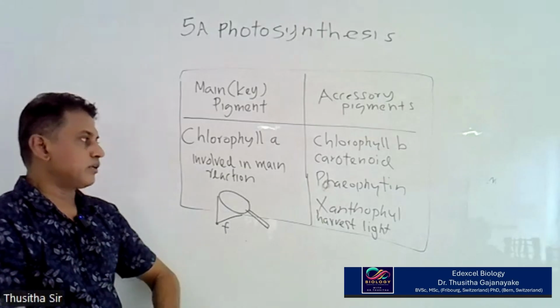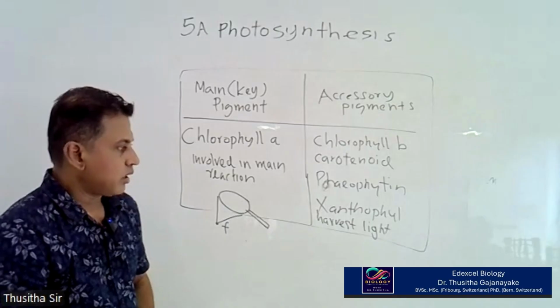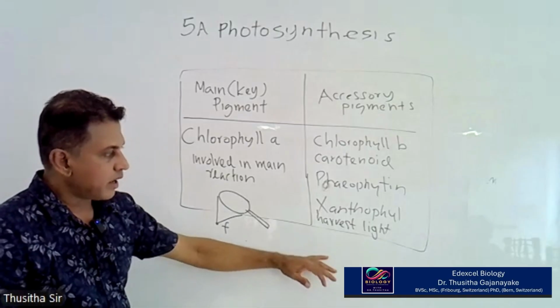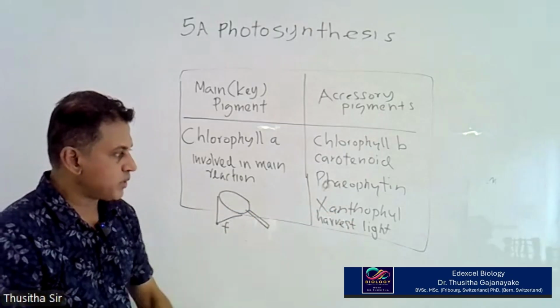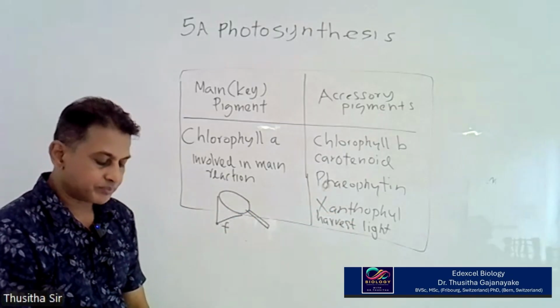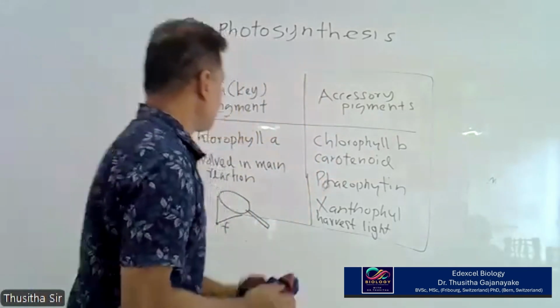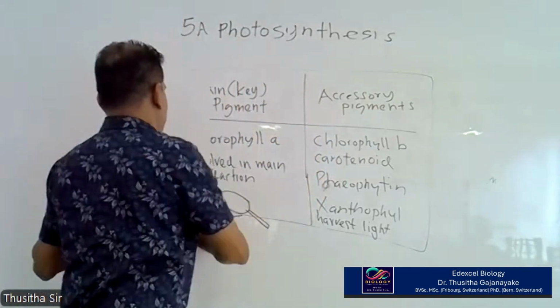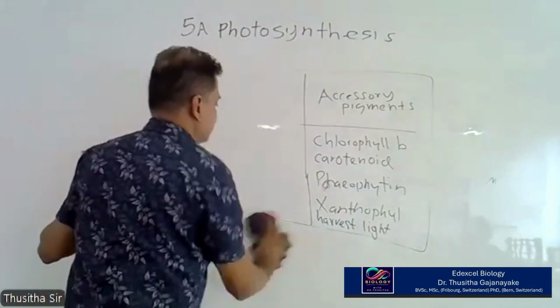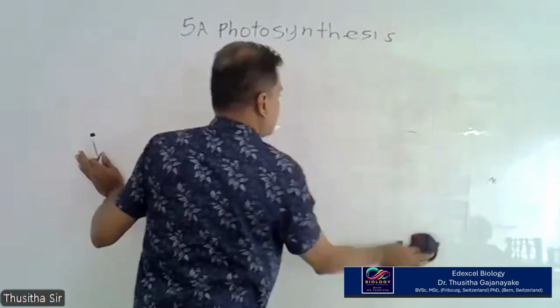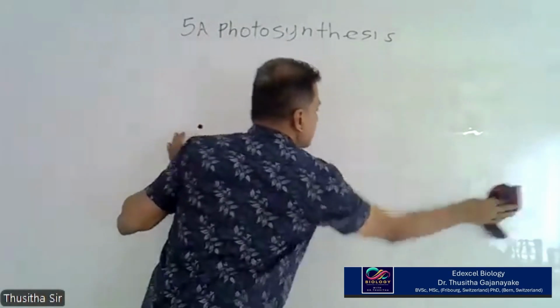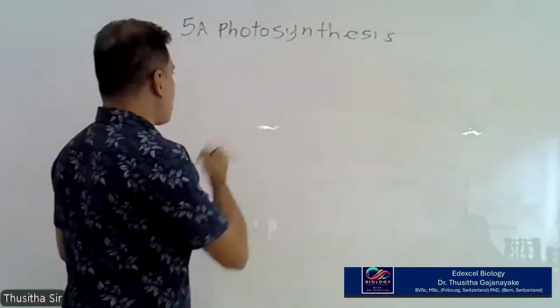Right, next thing we should also know is the visible light wavelength and which pigments are good at absorbing the visible light. So this lesson now goes to the absorption spectrum.